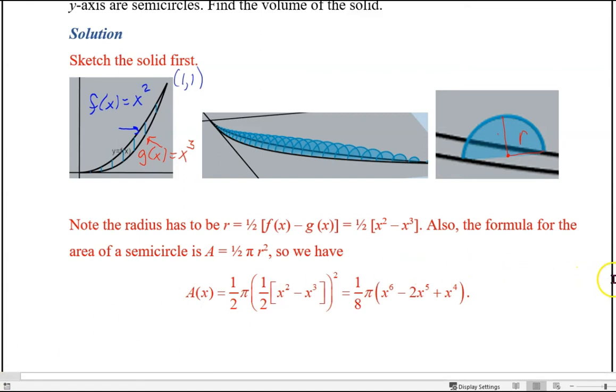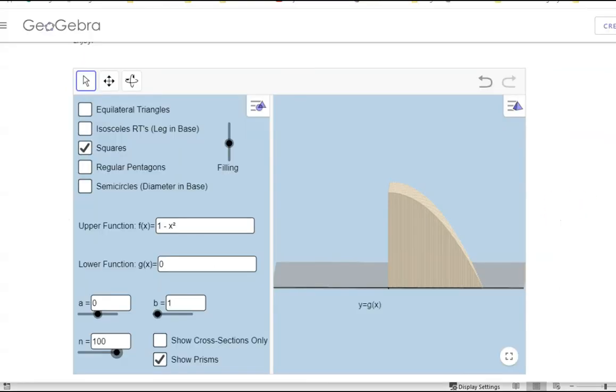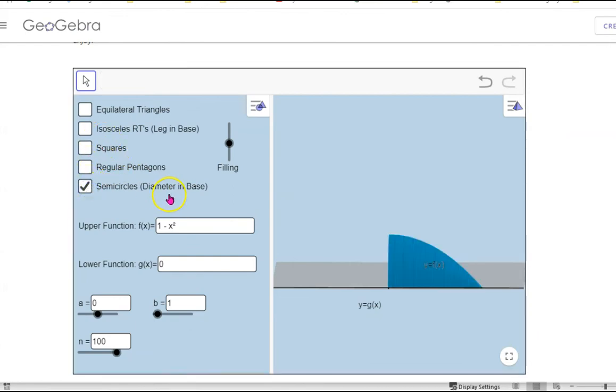Now let's take a look at putting this into the GeoGebra applet. Remember that our upper region is x squared and our lower region is x cubed. We want our cross sections to be semicircles, so we're going to click on semicircles with the diameter in the base, and we want x squared for the top.